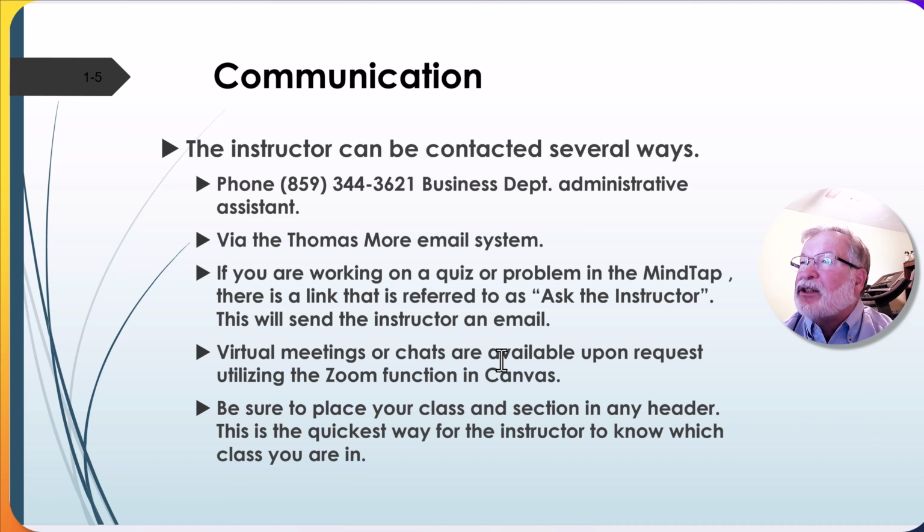You can connect to me through Canvas, right? You can send me messages in Canvas. The challenge with Canvas is they don't notify me that they're there on a regular basis, so I might miss that message. So the Thomas More email system is really the best way to get a hold of me.